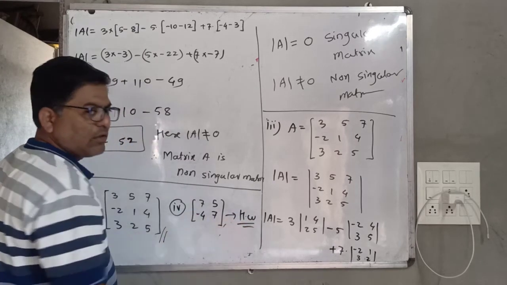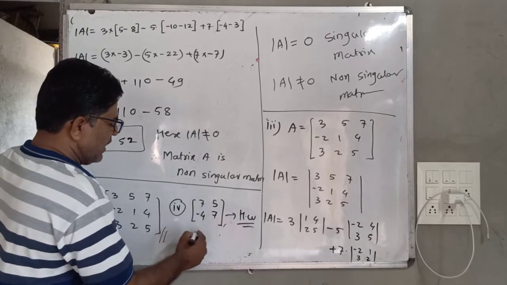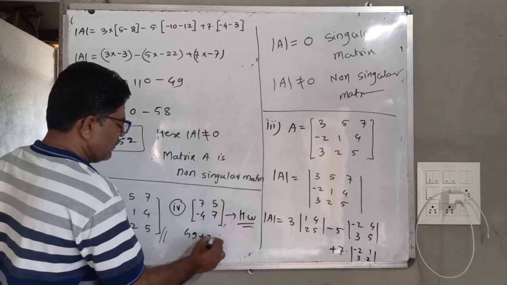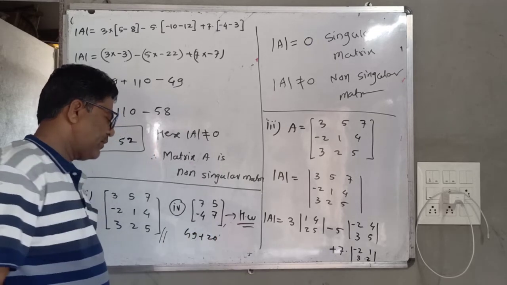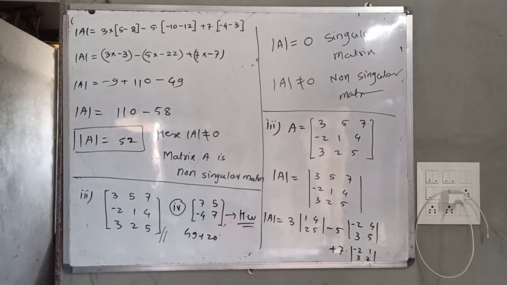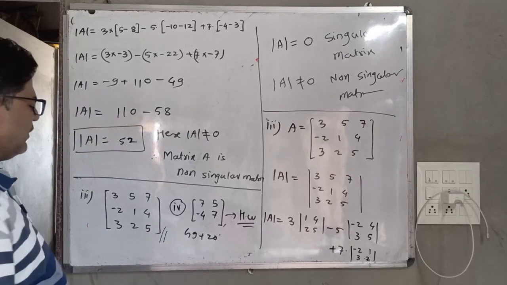Just solve the determinant. 7 times 7 is 49, minus minus becomes plus, 5 times 4 is 20. 49 plus 20 means 69.